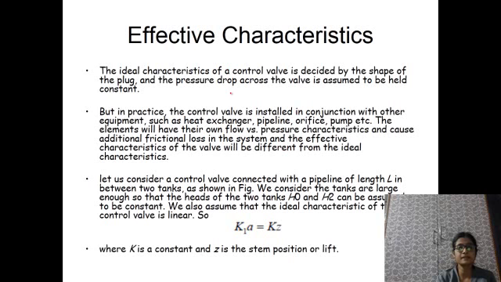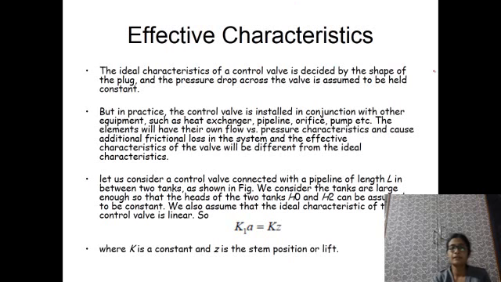And effective characteristics, or real characteristics: the ideal characteristics of a control valve is decided by the shape of the plug, and the pressure drop across the valve is assumed to be held constant. But the control valve is installed in conjunction with other equipment, say the heat exchanger, pipeline, orifice, pump, whatever be the devices connected in the flow path.